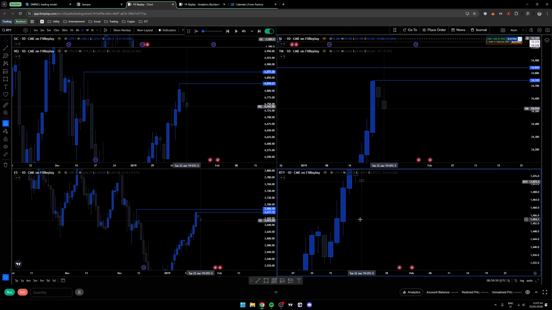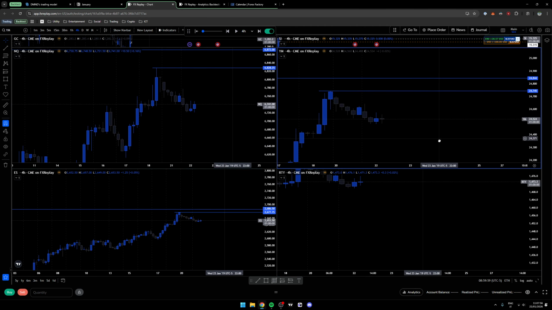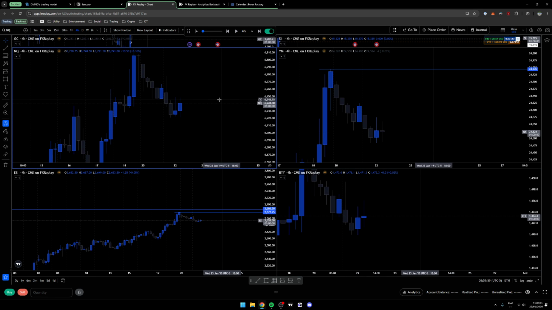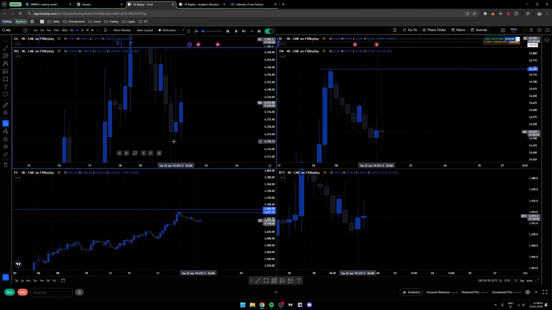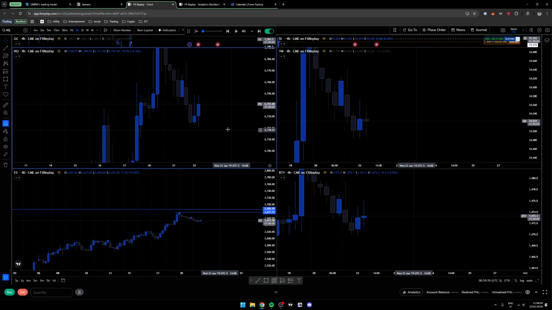It's NQ and RTY, they are not in a gap. Okay. Like a daily gap. So we have equal lows? No. I don't like this 4-hour chart, I'll be honest.